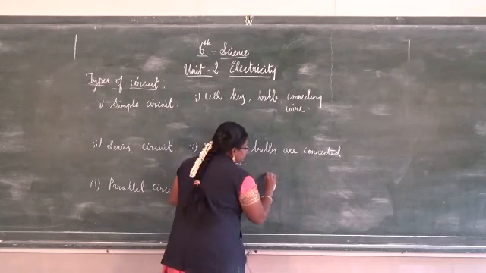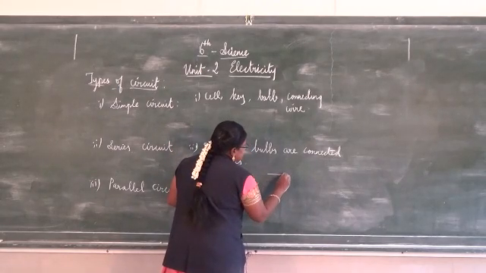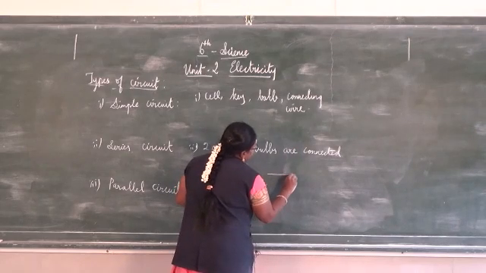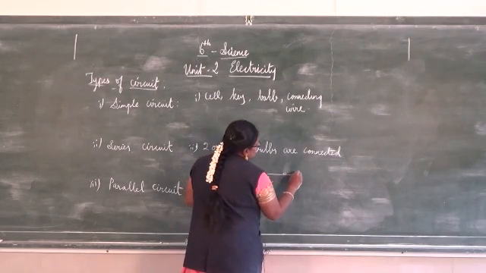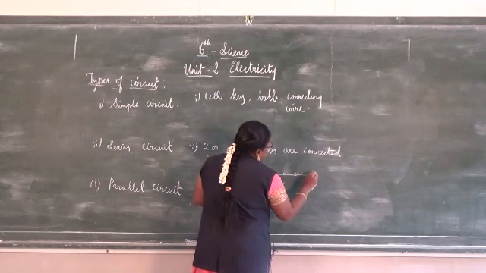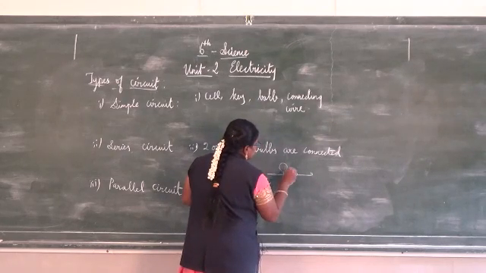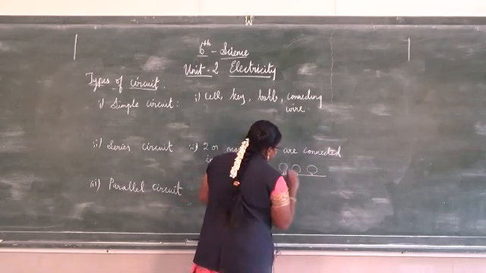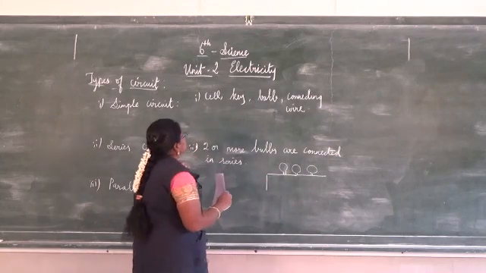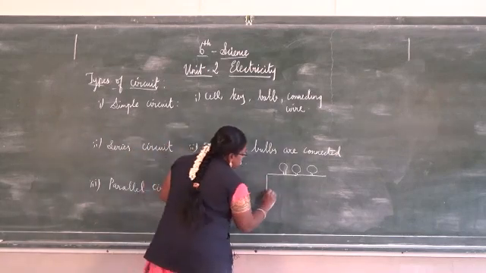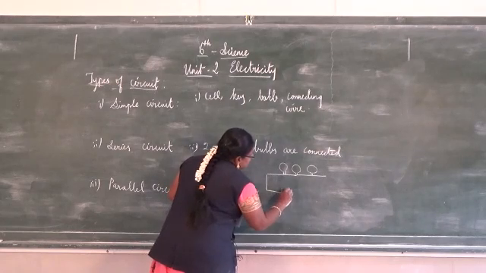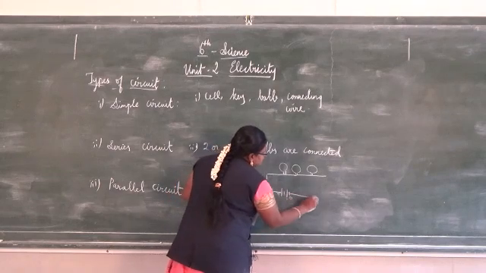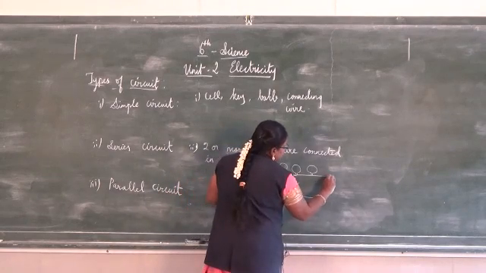For example, imagine here one bulb, and in another place one bulb. You imagine like this. In the book also they have given. So the bulbs are connected, these are connecting wires. See, the same cell will be there. Imagine two cells, positive, negative, that is connected. Then you have a key.